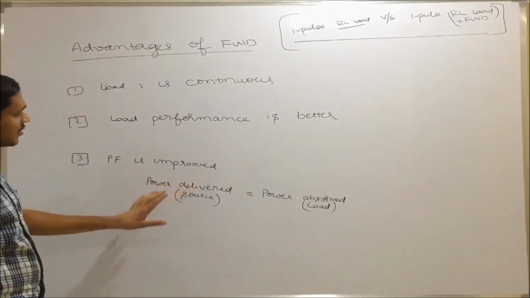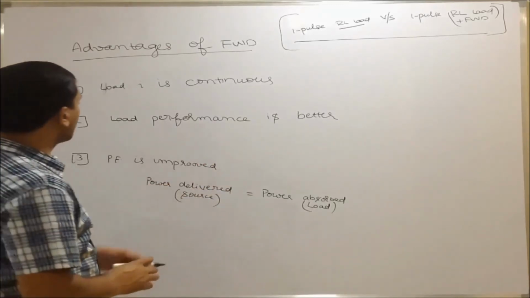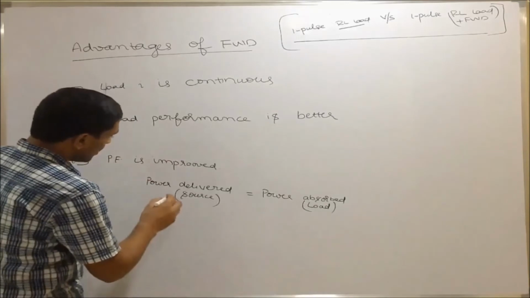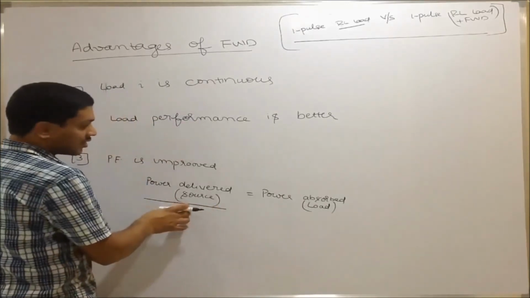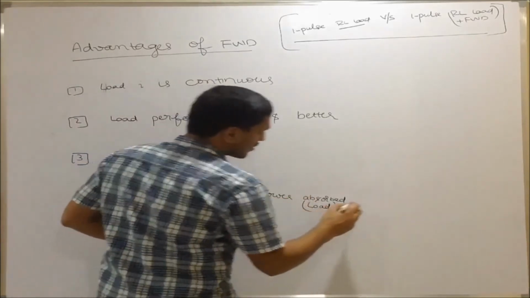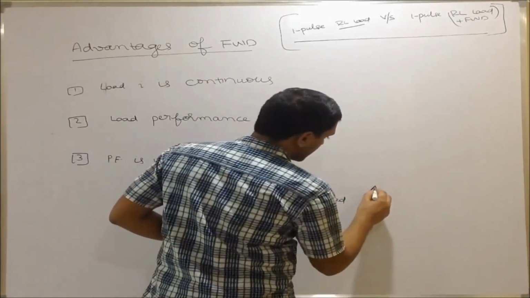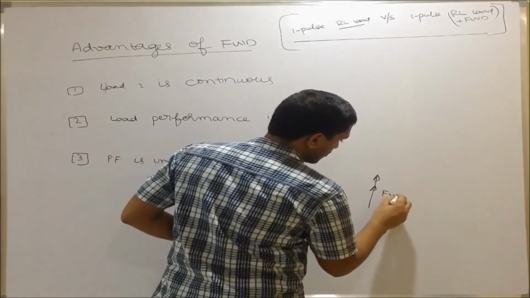Power delivered by the source is equal to power absorbed by the load. Here, with the freewheeling diode, with the same volt amperes at the source, the power absorbed by the load increases. It is more with freewheeling diode.